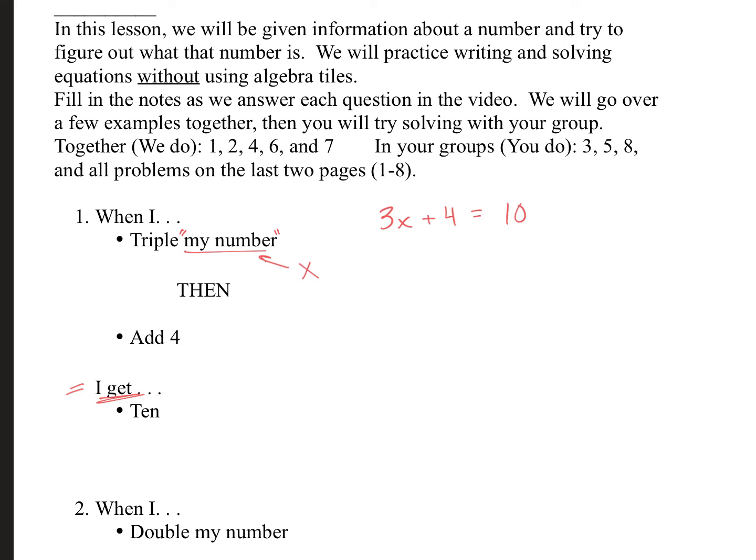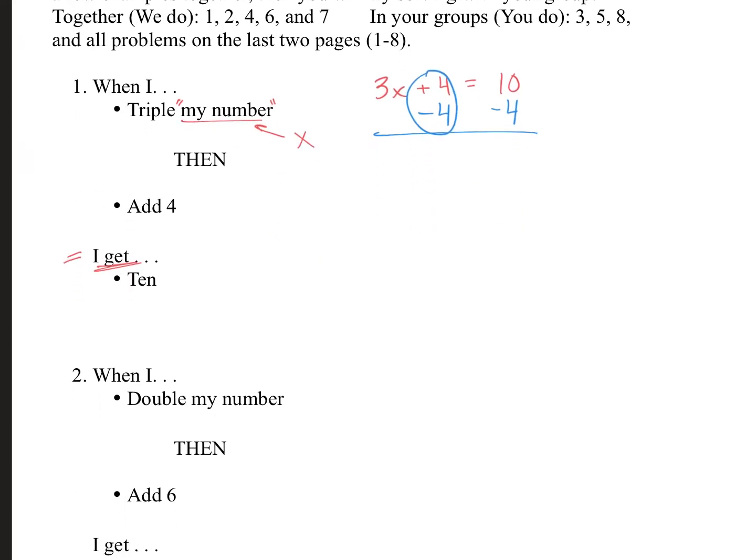So I'm going to represent taking away 4 from both sides with subtraction. Okay, so I'm going to subtract 4 and then subtract 4. Now if I remove the 4 from that side, I'm left with no more unit tiles, no more 1s, so I just have 3x.